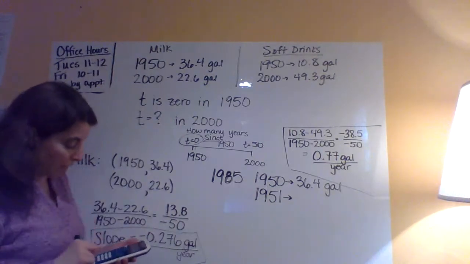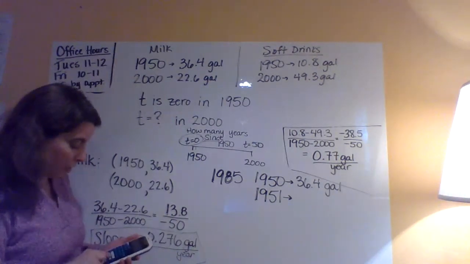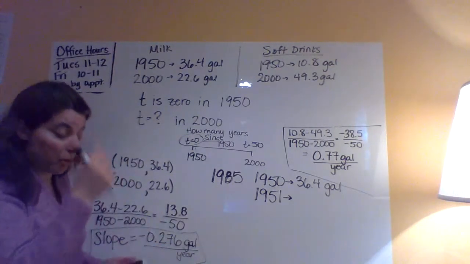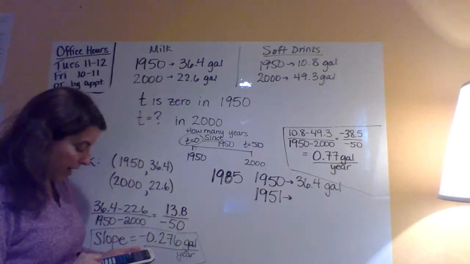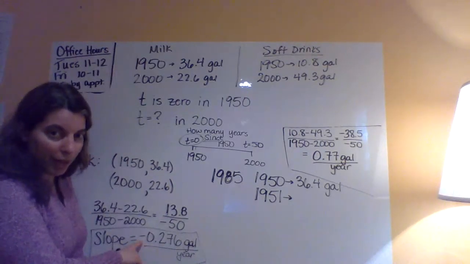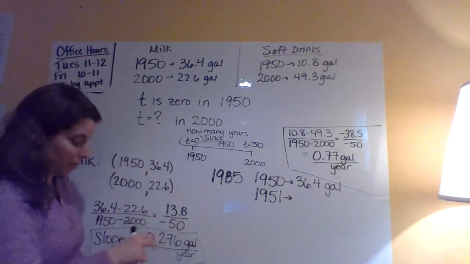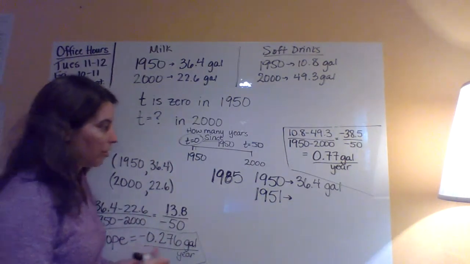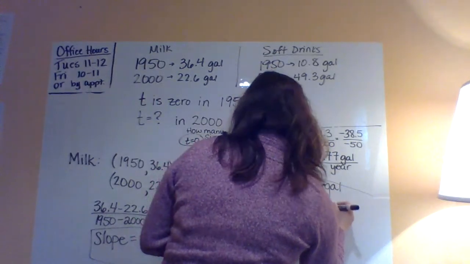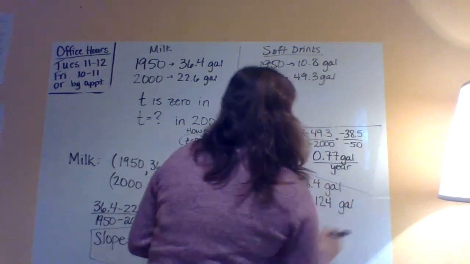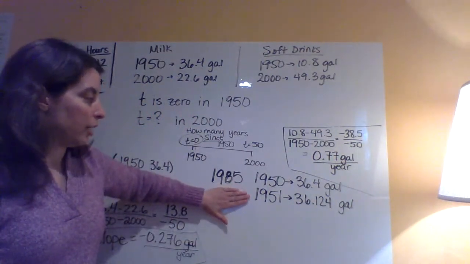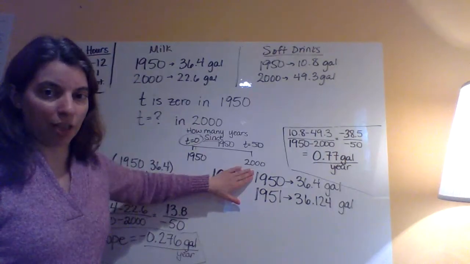We know it went down. How much did it go down? Well, it went down this many gallons per year. So I could take 36.4 and I could subtract 0.276. Not subtract a negative, okay? I'm just subtracting this amount. And we should get 36.124 gallons. So on average, people in 1951 drank a little bit less milk than in 1950.